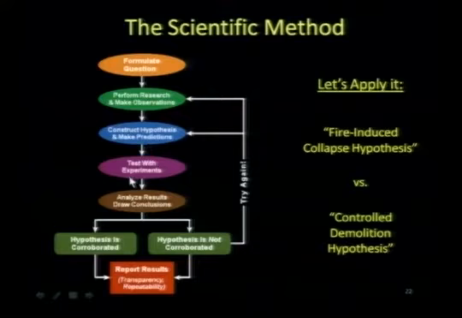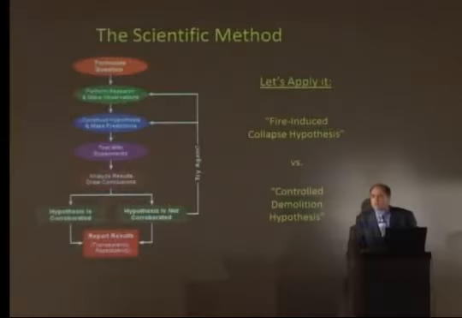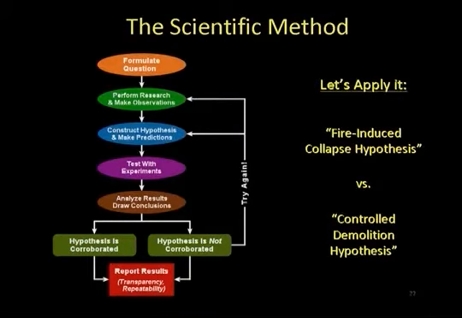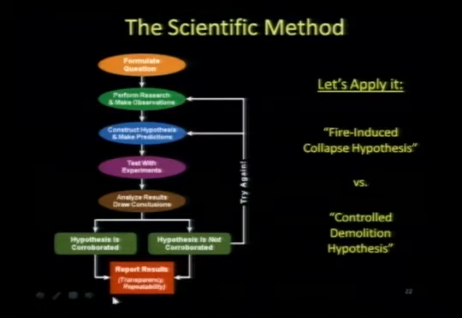We make some predictions. And we test those predictions and those assumptions with experiments, objective, verifiable, repeatable experiments. We analyze the results and we draw conclusions. Now, if those conclusions are found to be corroborated by the evidence, we report it in an open, transparent manner where our experiments and our findings can be repeated.